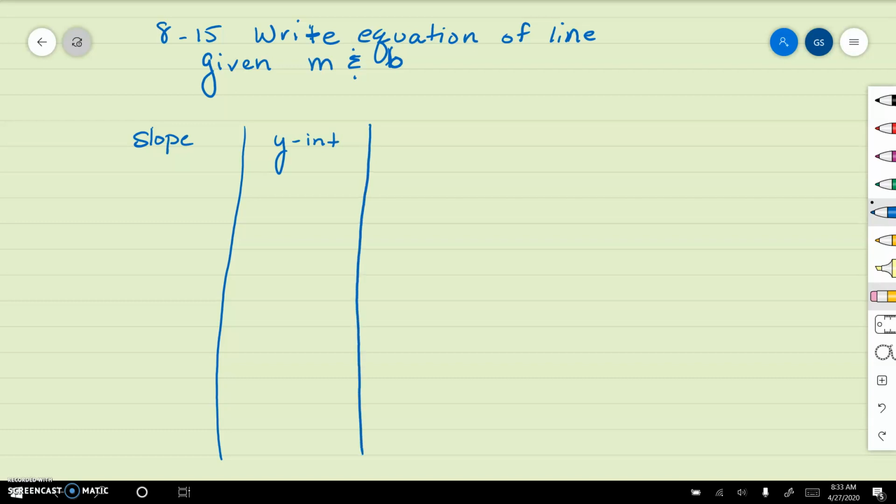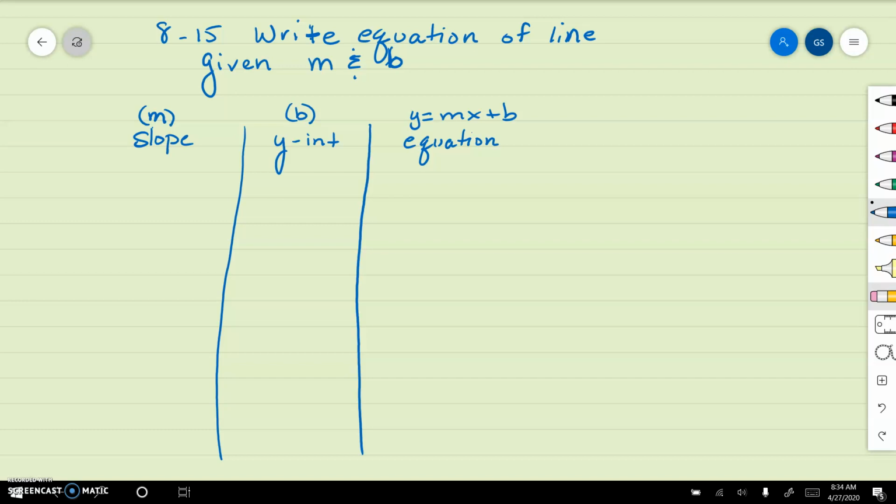Third column, equation. Okay, so it's going to be a quick one. So the slope is our m value. The y-intercept is our b value. And the equation is y equals mx plus b, where we fill in the m and the b.